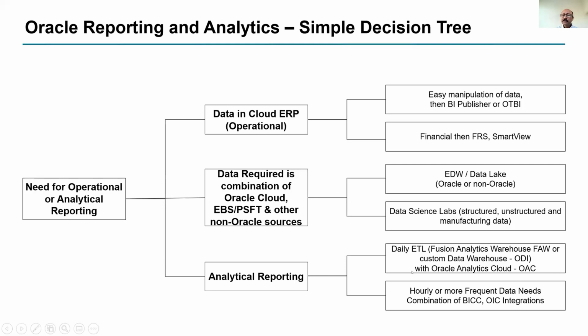The two options here are you can use FAW, or you can build a custom solution. And of course, you can blend the two together. You can extend your FAW with a custom solution as well.